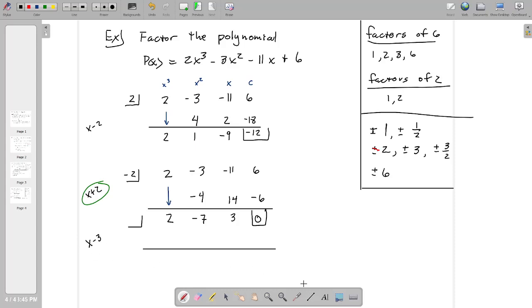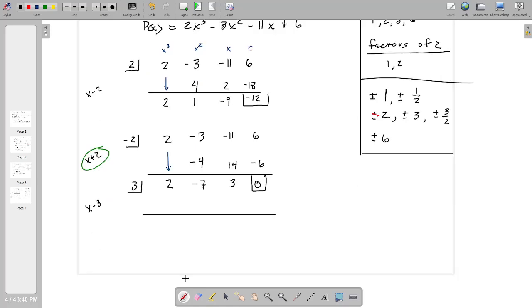Is x minus 3 a factor of this polynomial, which would then mean that x minus 3 is also a factor of p of x? Remember, this polynomial is a factor of p of x as well, so if x minus 3 is a factor of this polynomial, then it's also a factor of p of x. You'll get the same factorization no matter which order you choose.